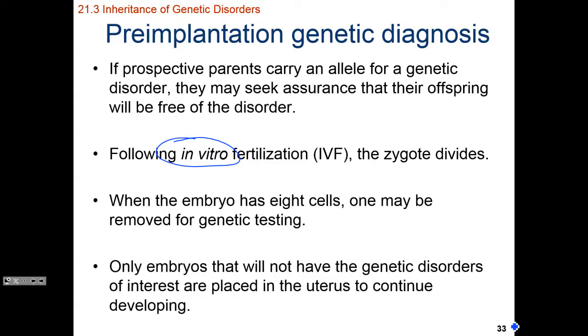When this is done, generally speaking, parents will opt to only have embryos without the genetic disorder implanted in the mother's endometrium. So they are producing children that do not have the disease or are not carriers for the disease.